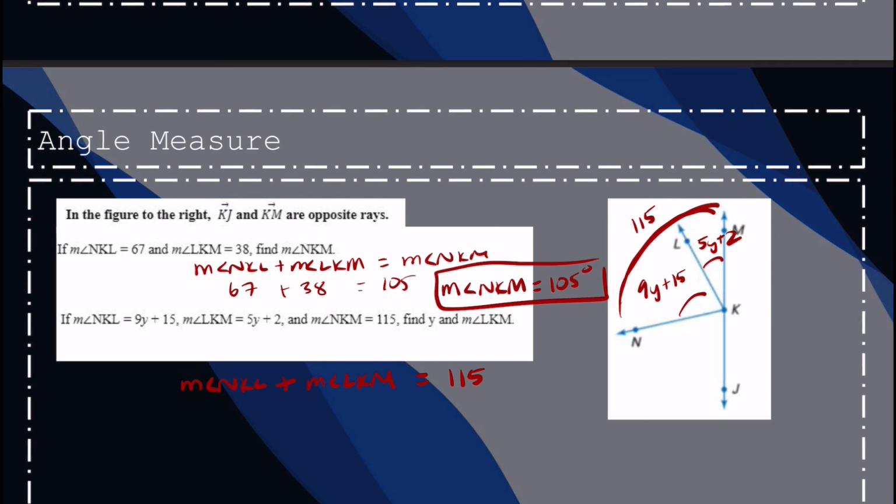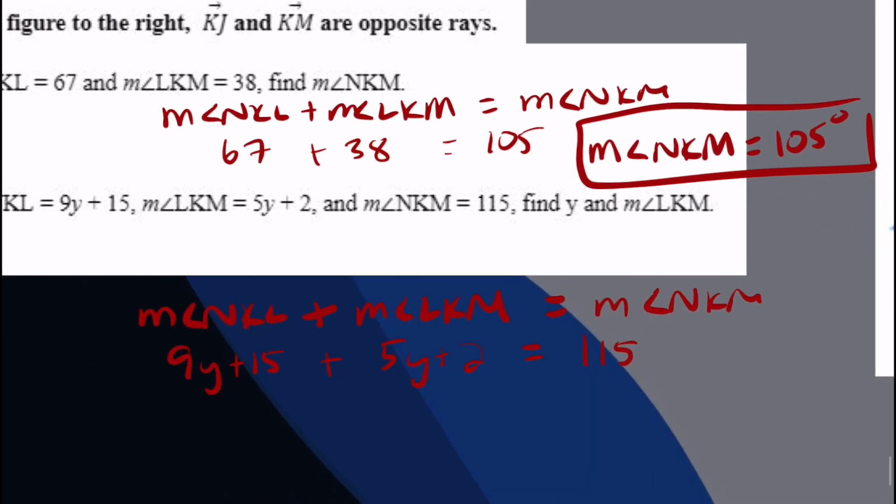Start plugging things in. We know that NKL is 9y plus 15, and we know that LKM is 5y plus 2, and then the whole thing is 115, which is measure angle NKM. Now all I have to do is combine the like terms.